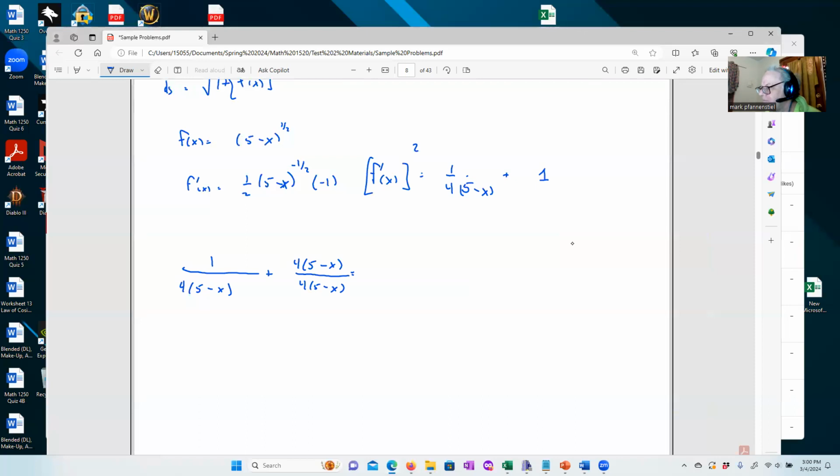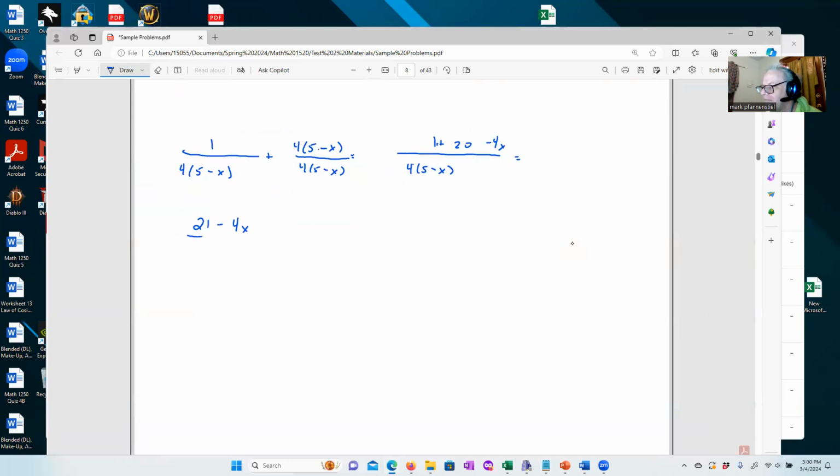I'm going to put it all over 4 times 5 minus x. And then we're going to say 1 plus, this is going to be 20 minus 4x. So we're going to end up with 21 minus 4x divided by 4 times 5 minus x. Don't multiply out denominators, it's not worth it. All of this is under a square root here.